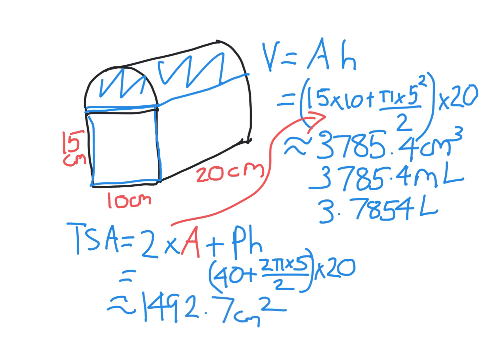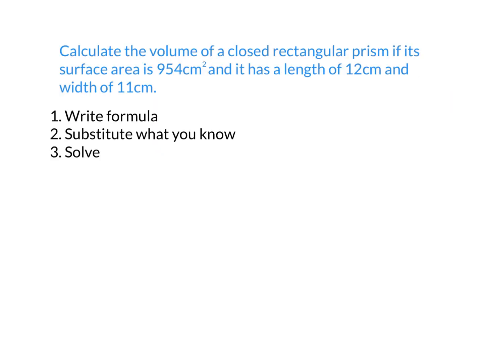All right, let's now look at an example where we're finding an unknown length. So in this question, I've asked us to calculate the volume of a closed rectangular prism if its surface area is 954 centimeters squared, length is 12, and width is 11. So in order to find the volume of this prism, we are going to need to find what h is.